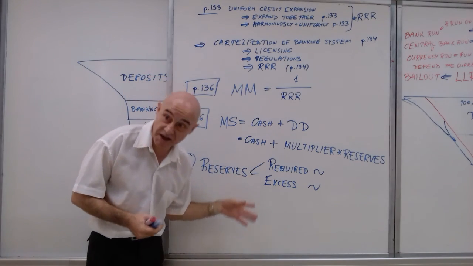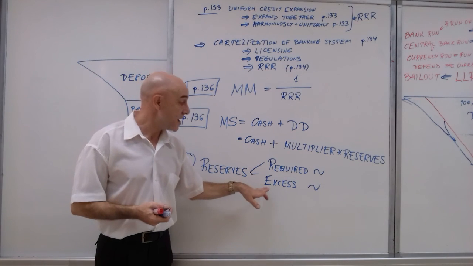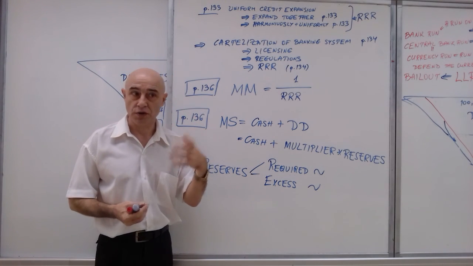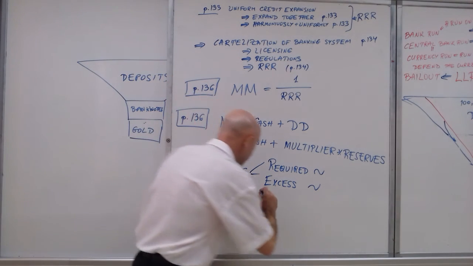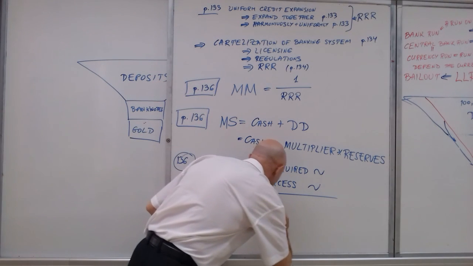Excess reserves are reserves which a commercial bank maintains above and beyond the minimum. If the minimum is 10 and they maintain 12, the excess reserve is 2. Okay. And now, we call the sum of these two total reserves.